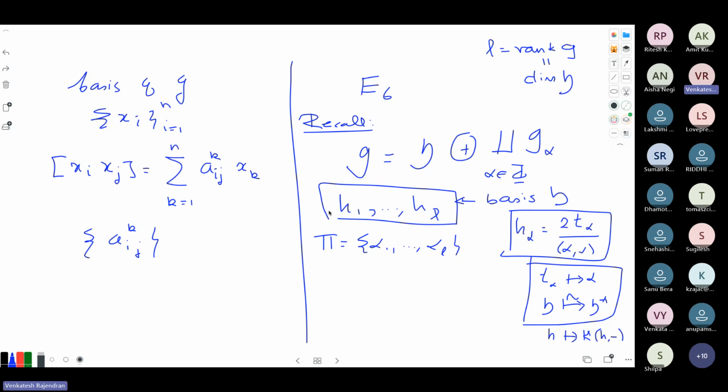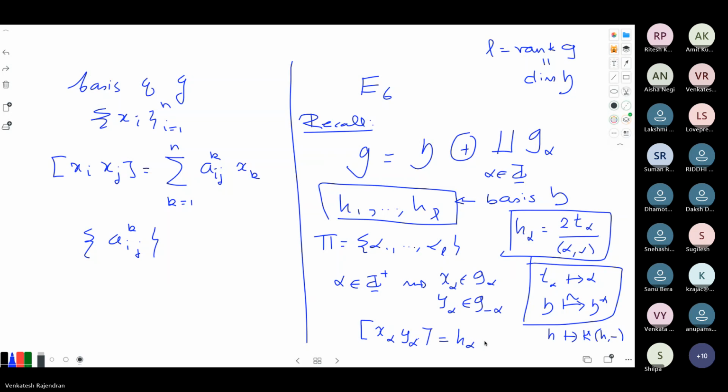Now what else do you know? Given alpha a positive root, you can pick X_alpha inside G_alpha and Y_alpha inside G_minus alpha, so that the bracket of X_alpha and Y_alpha becomes H_alpha. So this triple X_alpha, H_alpha, Y_alpha is indeed an SL2 triple. That means the subspace spanned by these three vectors is isomorphic to SL2.